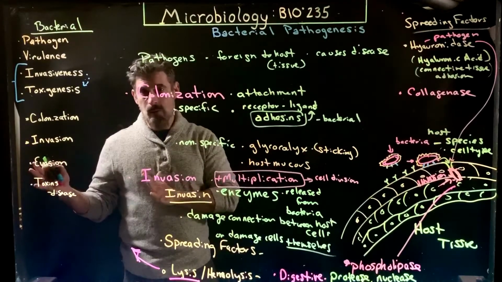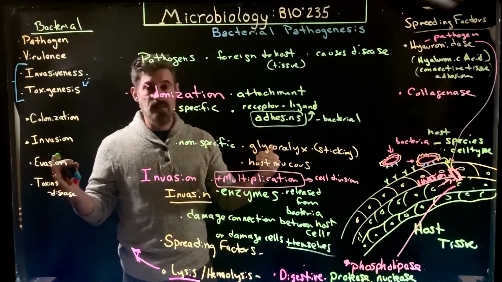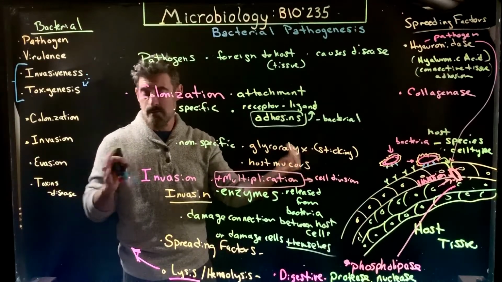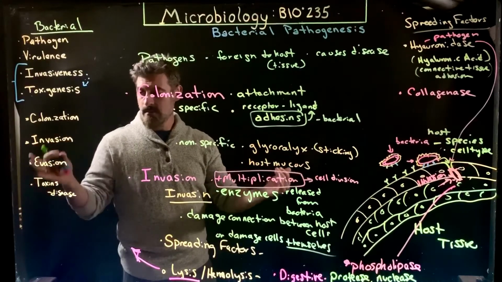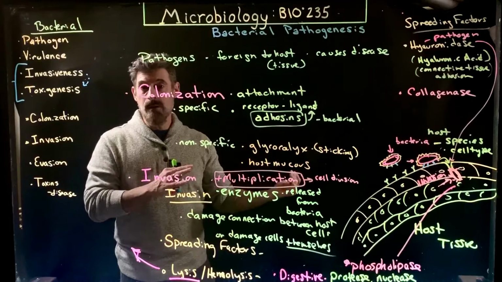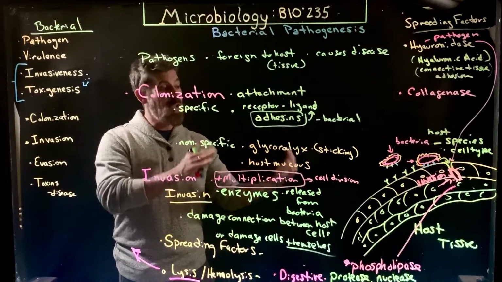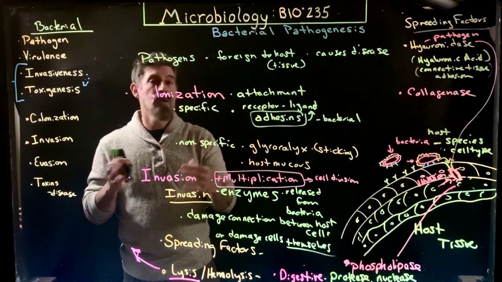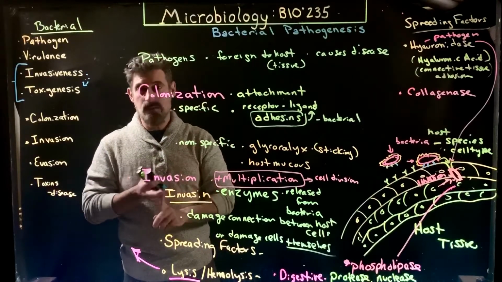Now, meanwhile, while this is happening, the host cell is going to be trying to defend itself. So once we're done with bacterial pathogenesis, which isn't yet, still going to continue on to this with a few more topics, then we're going to go into the human immune response, which is, as this is occurring, you're responding in a variety of different ways with specific chemical molecules, with specific cell types.